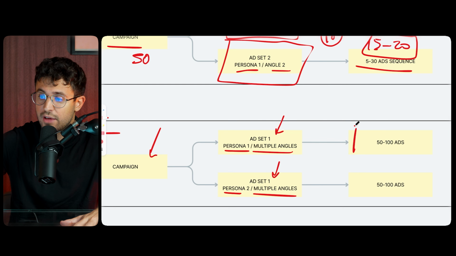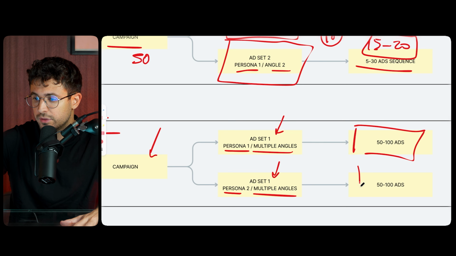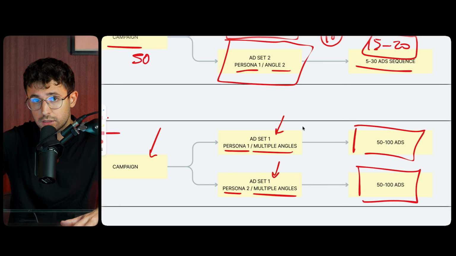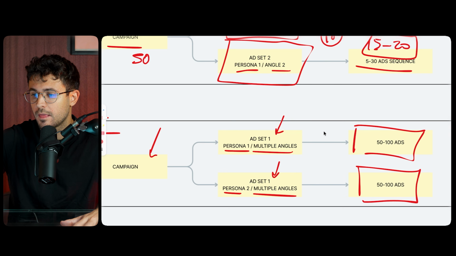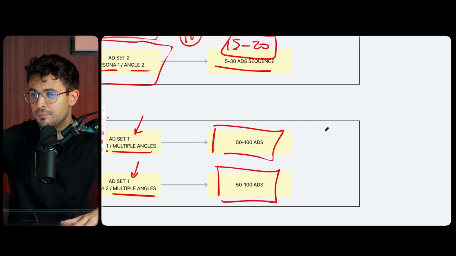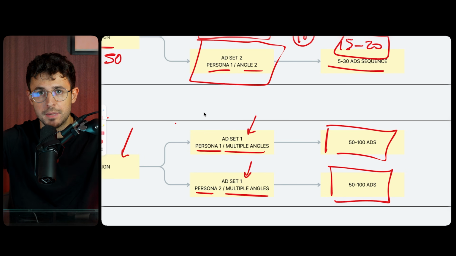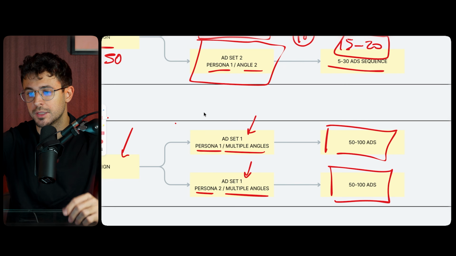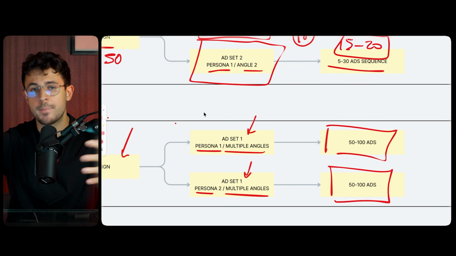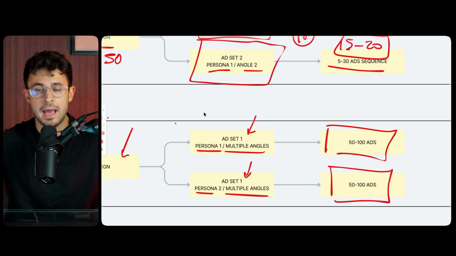In this case, you technically want to have more ads inside, technically 50 to 100, and this also works. The reason why this works is because the persona is usually the big thing. It's the big audience demographic that you're targeting, and then the same persona might have different angles that you can target.